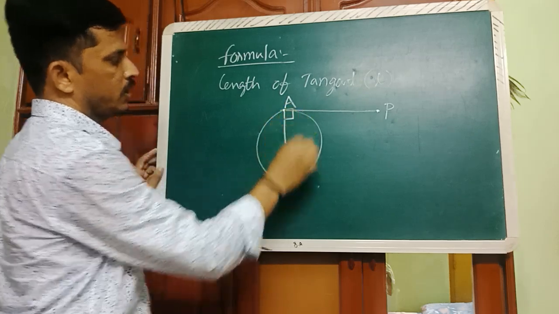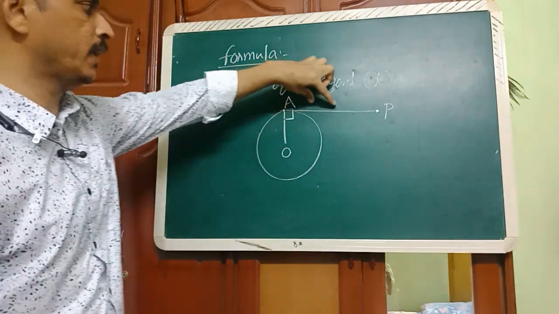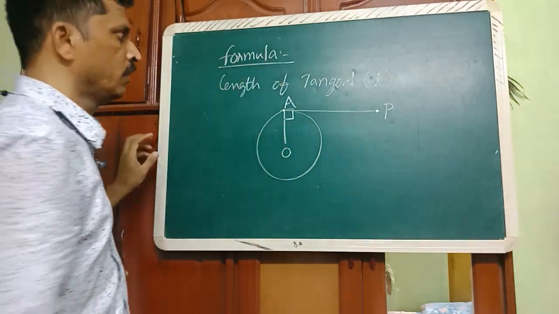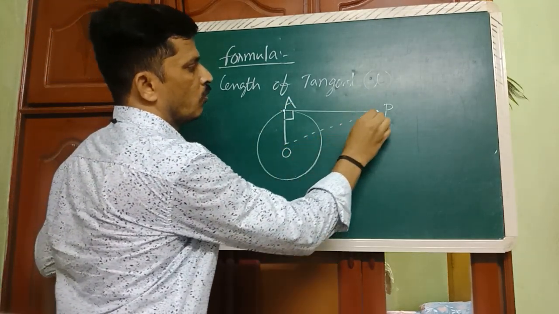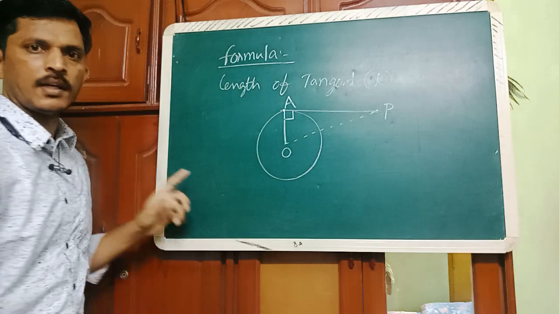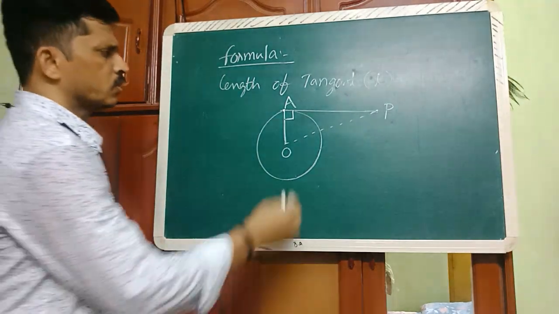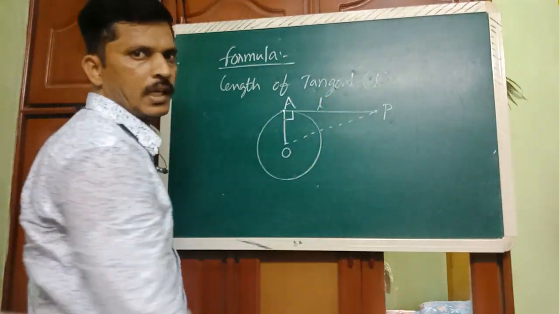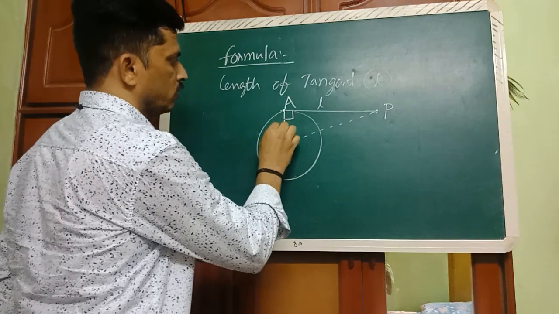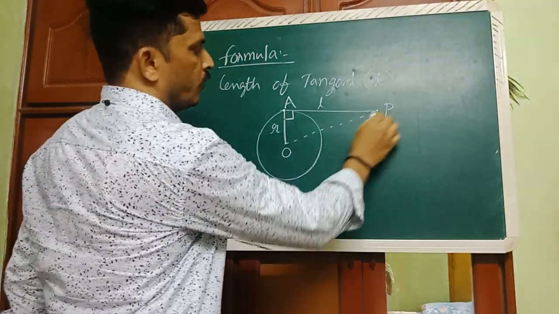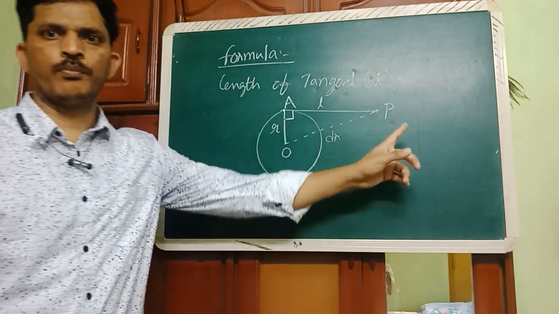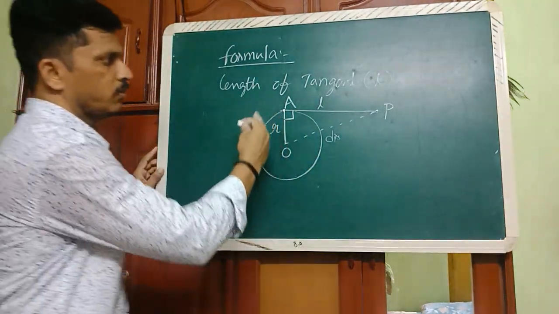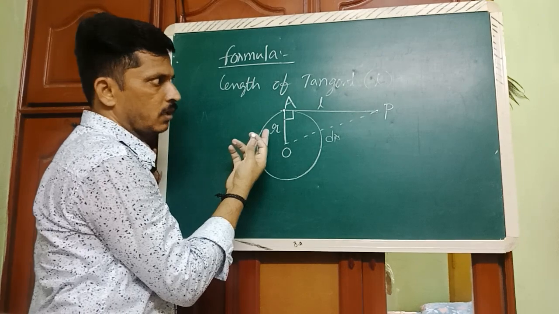You know the angle between radius and tangent is 90 degrees. Join OP. You will get one right angle triangle. I want the length of tangent L. This is the radius, and this is the distance from center to external point. So you have to apply the Pythagoras theorem here.